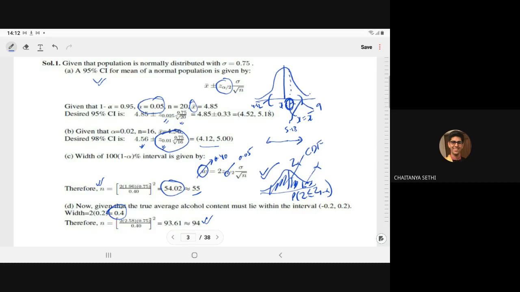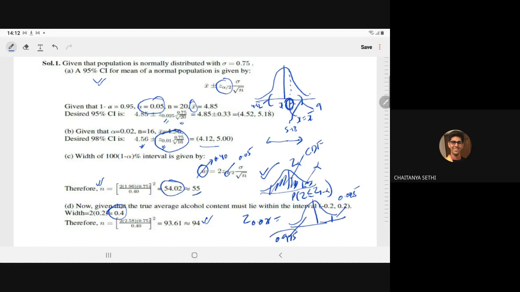From the table you have to see the value. When I say Z of 0.025, its meaning is you have to determine the value of Z so that the right hand side area is 0.025 and the left hand side area is 0.975.